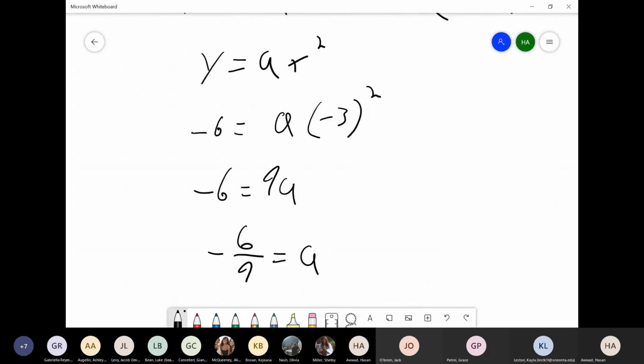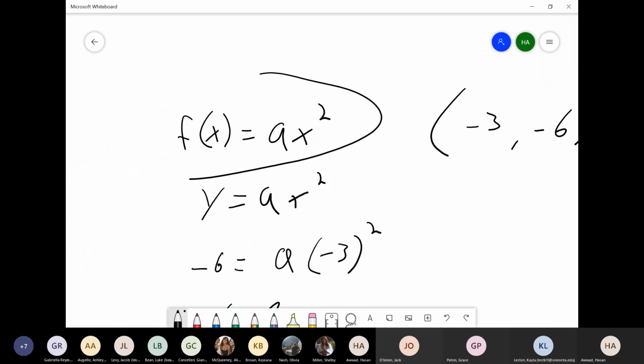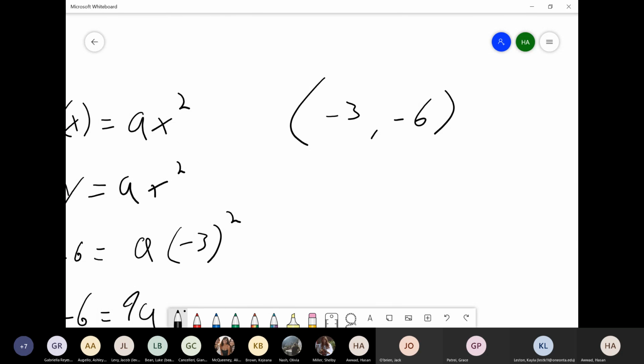Just to recap before I put my final answer: we wanted something in this form, so we start with that equation. We were also given a solution to our function. For the record, this would work out with any other solution as well. If we had multiple points for this graph, we could use any of them, solve, and a will always come out the same.